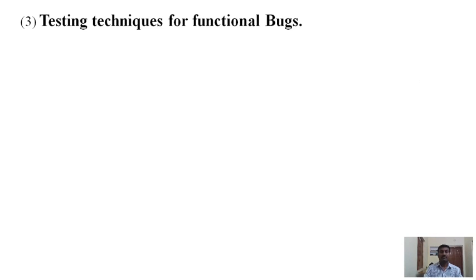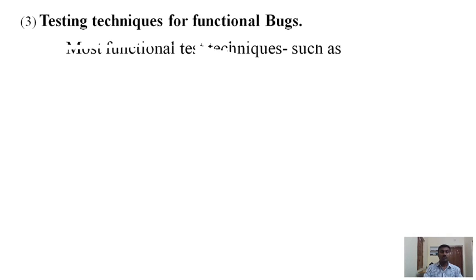So these are the two possibilities for feature bugs. Then the third one is functional bugs, or functionality bugs. Here we look at testing techniques for functional bugs. Most of the functional test techniques are used for finding functional bugs.